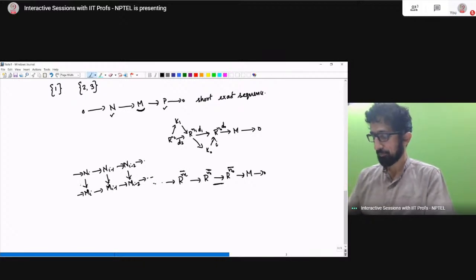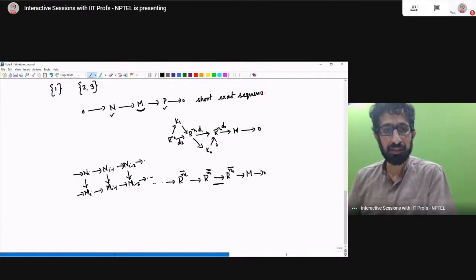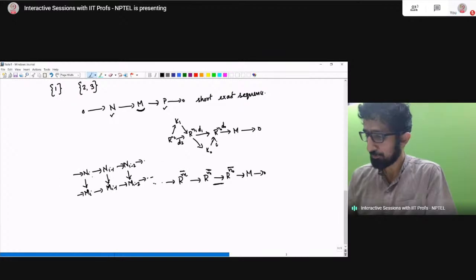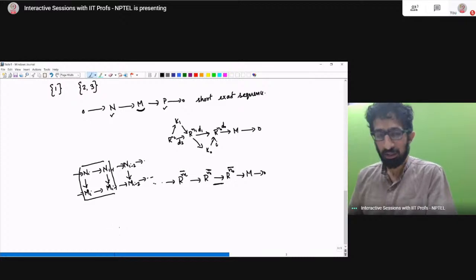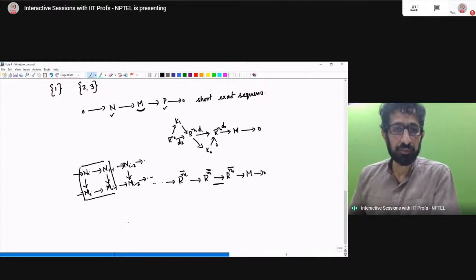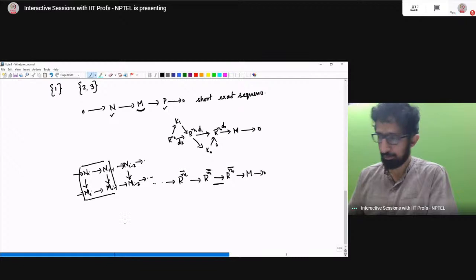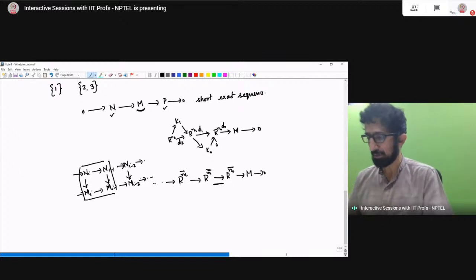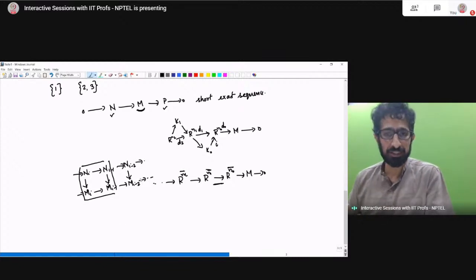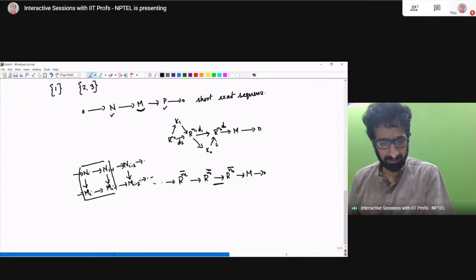If you have a sequence of homomorphisms like this, with maps such that you start from here, come here and come here, or reach here using the other path, either way the end result must be the same. That is, if this happens in each of these squares, then we call this a commutative diagram of exact sequences.